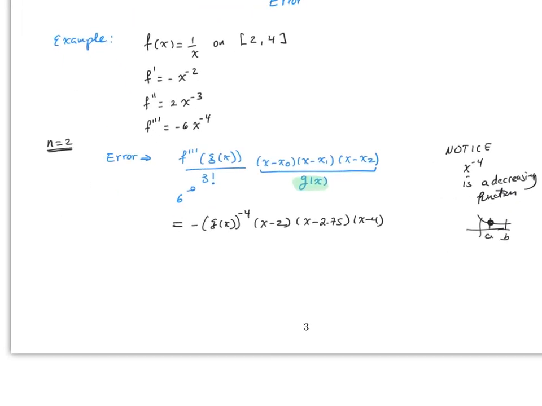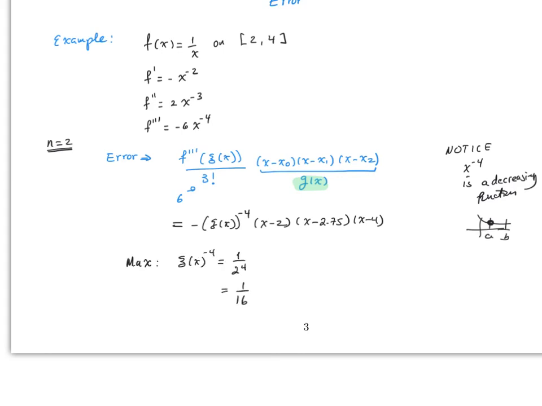So therefore, from here we have that the maximum of the Cauchy of x to the negative 4 is going to be equal to 1 over 2 to the 4, which is actually equal to 1 over 16.